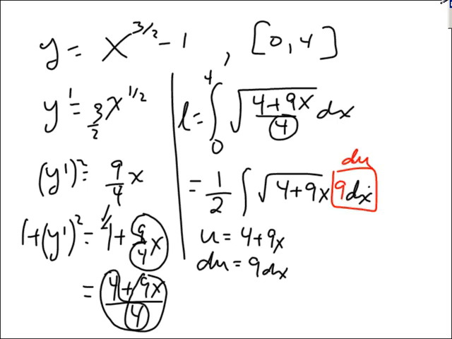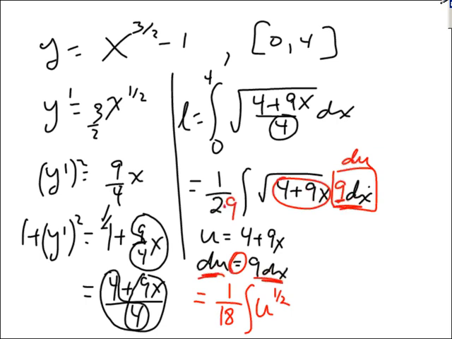Whenever I see 9 dx, I can write du. But if I put a 9 in the numerator, I have to put a 9 in the denominator in front. So then this integral becomes 1 over 18, the integral of u to the half, square root means half, times du.